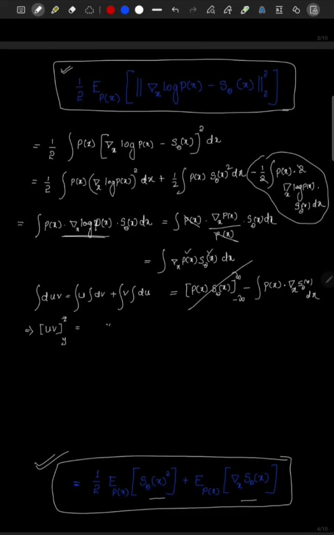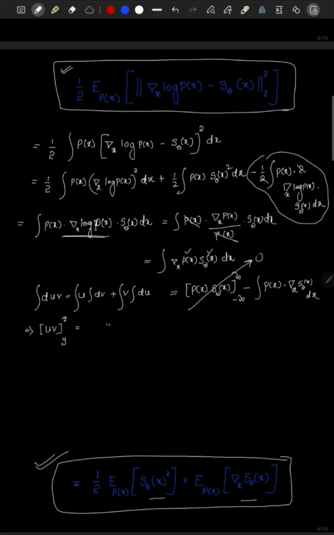Now this thing will get cancelled, because the underlying assumption is that the data set follows a Gaussian distribution, and for a Gaussian distribution all the density is accumulated at the mean. If you go away from the mean, the accumulated density is negligible and tends to 0. So as you go through all the data samples, from minus infinity to plus infinity, the multiplication term will get cancelled out.